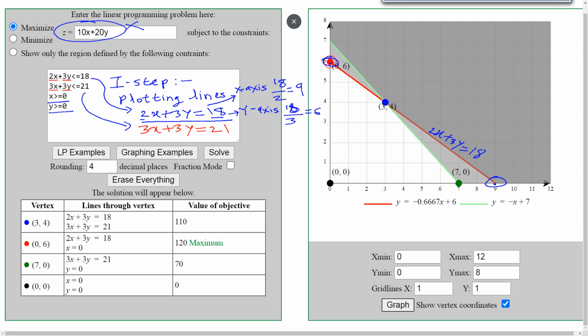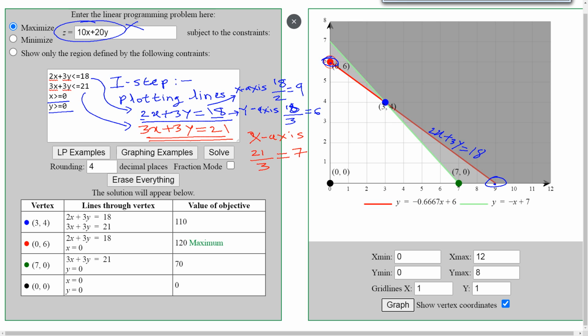The other line which we want to plot is 3x plus 3y is equal to 21. The point on the x-axis is given by c upon a, that is 21 upon the coefficient of x, which is 3.